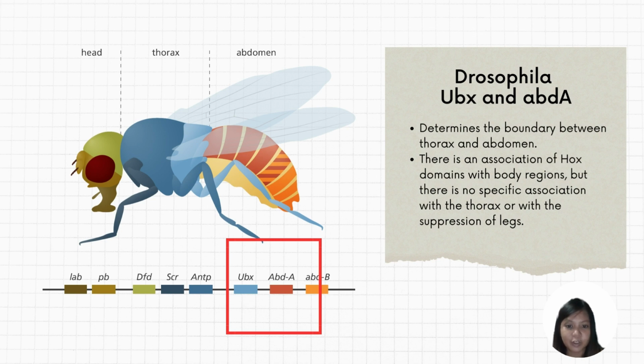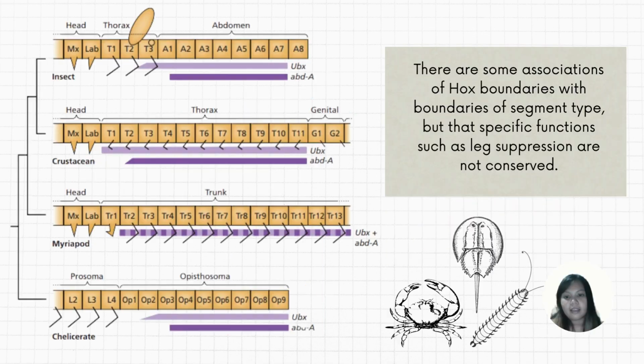So, as we can see, there is an association of Hox domains with body regions, but there is no specific association with the thorax or with the suppression of legs. As in the previous example, the Drosophila, the Hox gene is expressed in the abdomen, as shown in the first figure, which shows the ends of the segmented body plan. In the crustaceans, these two Hox genes are expressed throughout the thoracic segments, all of which bear legs, but are not expressed in the head or genital regions.